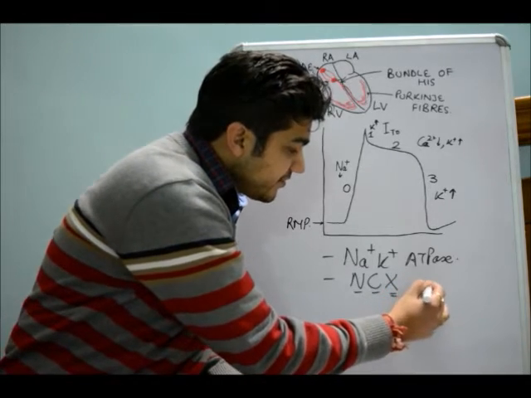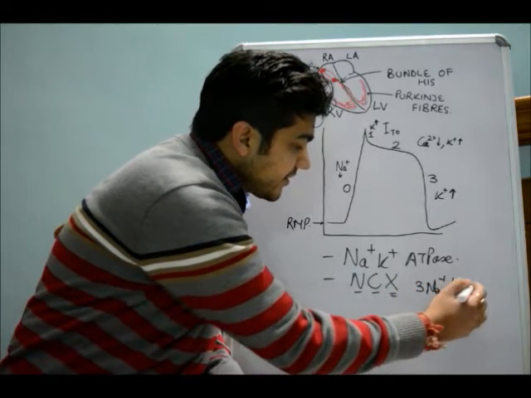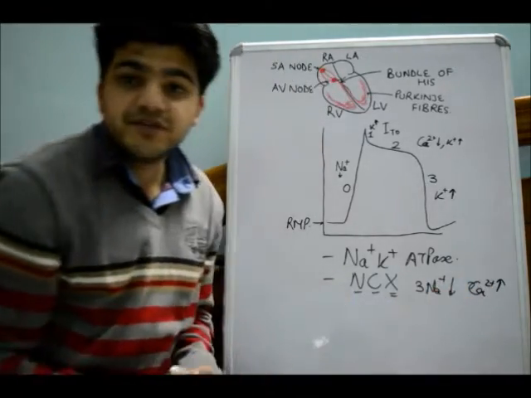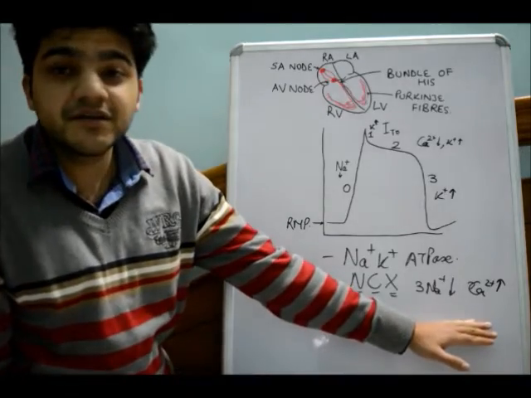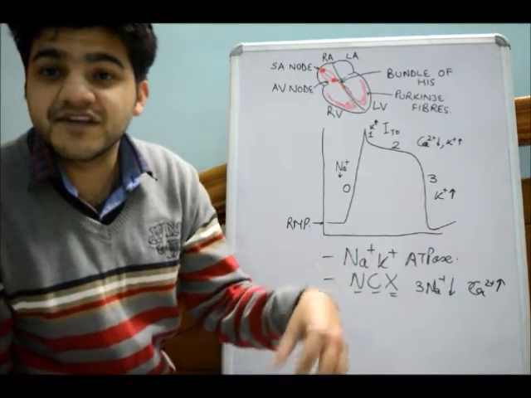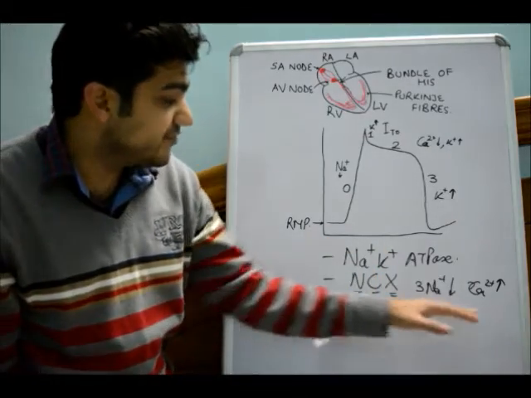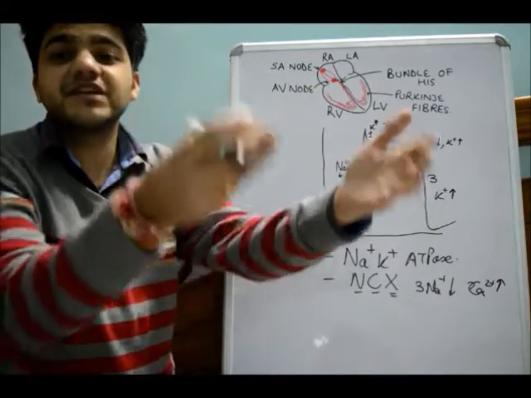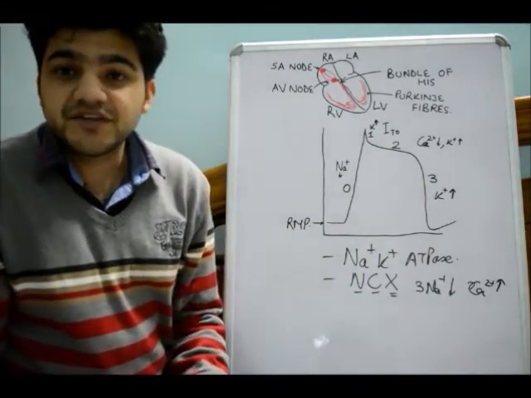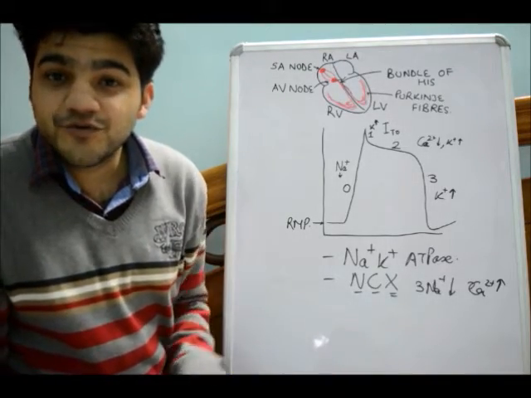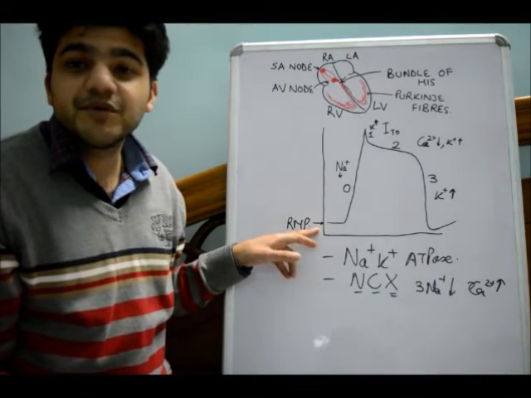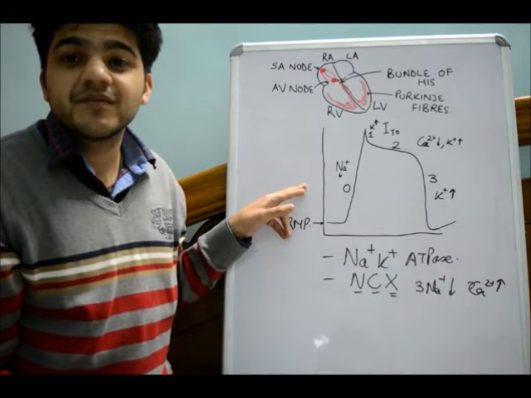There will be 3 sodium entering and 1 calcium going out, which means a net positive charge coming inside the cell. With every extrusion of calcium outside the cell, there will be a movement of sodium, a positive charge inside the cell, which will lead to what? Which will lead to an increase in the resting membrane potential upwards.